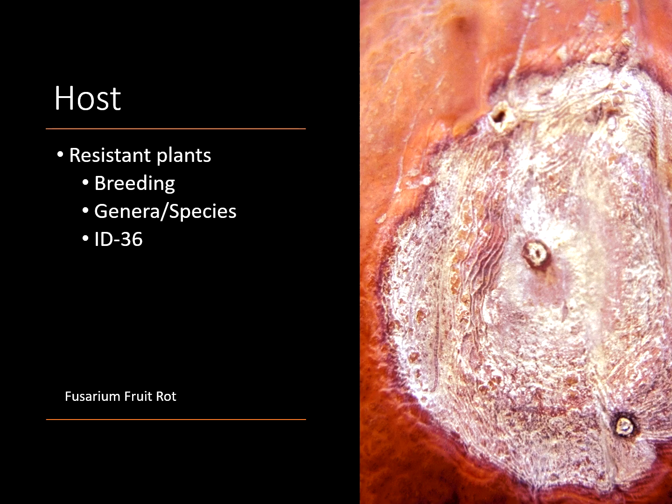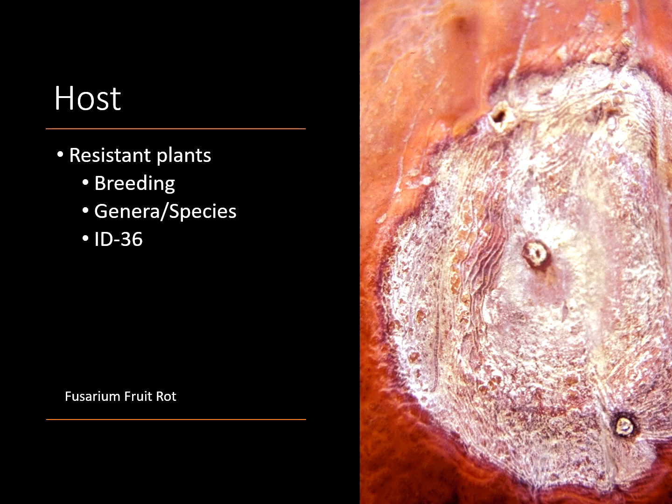So nothing's really resistant. There are non-hosts, but within a genus, we have often cultivars, different species, and there can be resistance built in there. Plant breeders often breed not just desirable traits, but also disease resistance.